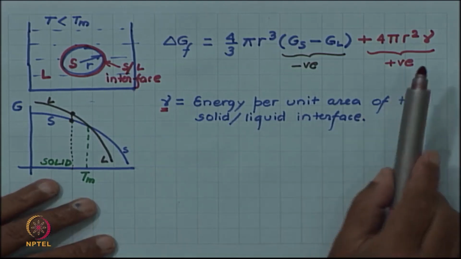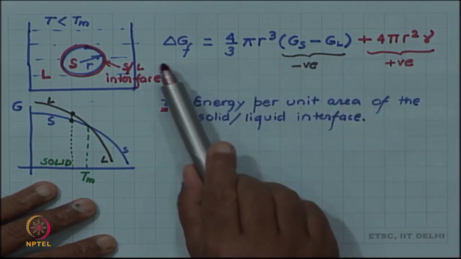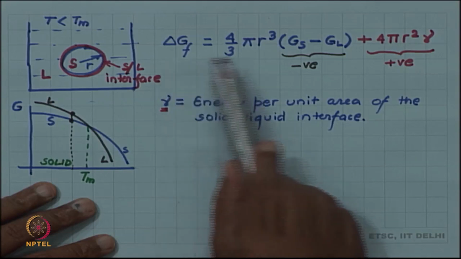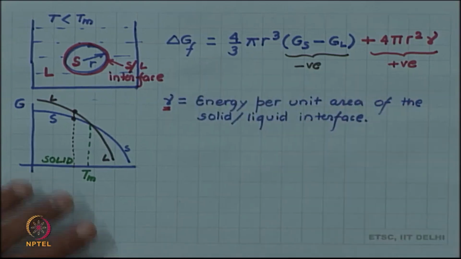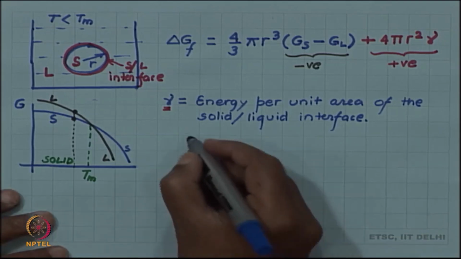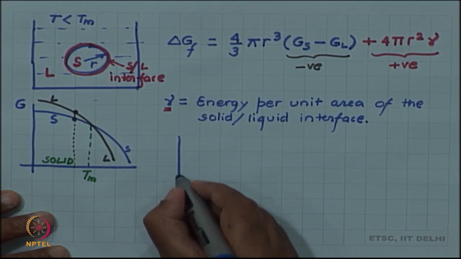So, this will show that depending on the value of gamma and GS and GL, it is not guaranteed that delta Gf will be negative whatever the value of r is. So, let us try to see how free energy varies once we have taken into account this surface energy.